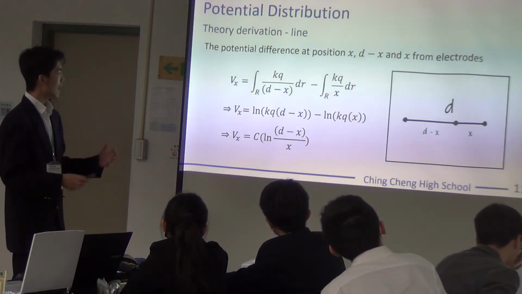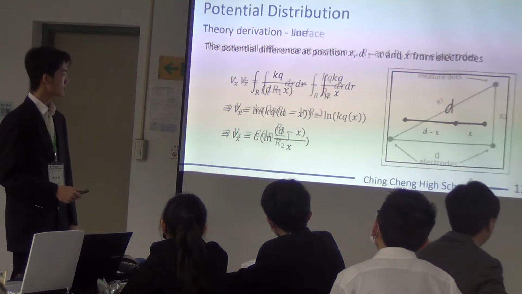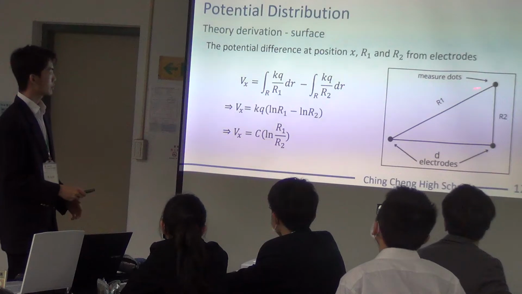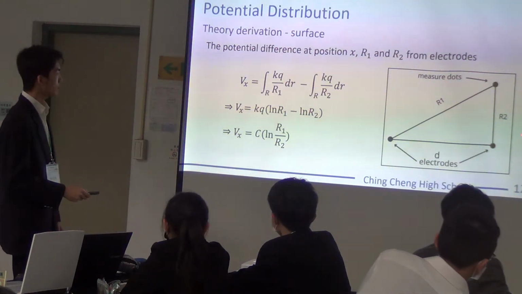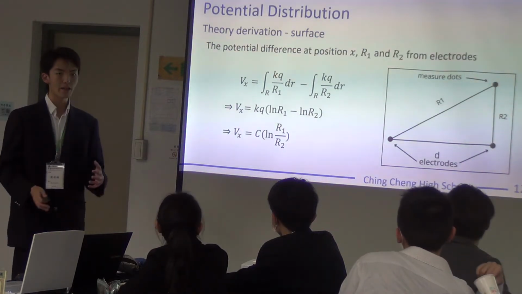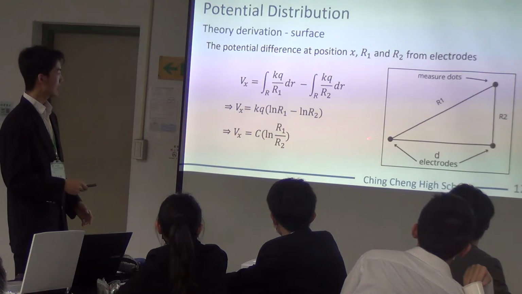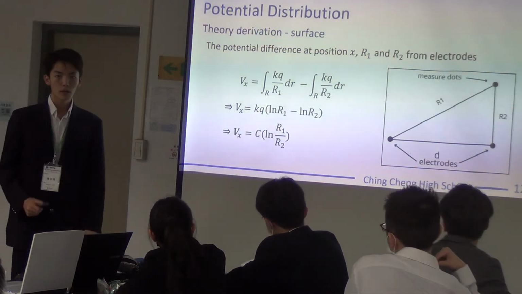If we add the two electric potentials, we get this formula. Then we consider a plane. The measured dot is here, and it is R1 from one electrode and R2 from another electrode. Again, we add the two electric potentials, and we could get the final formula.